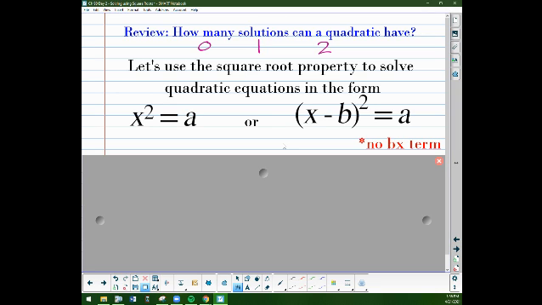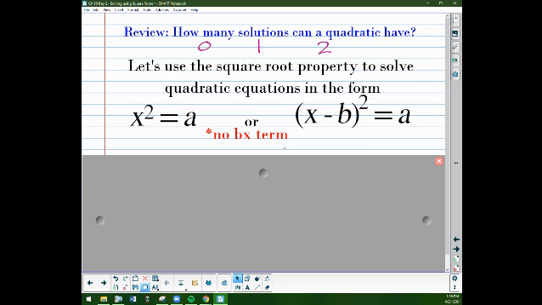So there's no bx term, and I have that over here, but I'll put that in the middle. Right? If I have x squared plus bx something else, right, standard form, then I cannot use square roots and I have to graph or factor or use the quadratic formula, which we haven't done yet, but we'll see those in the next couple days.